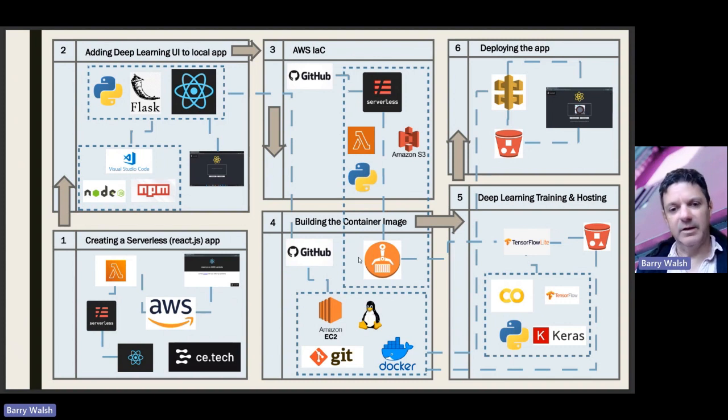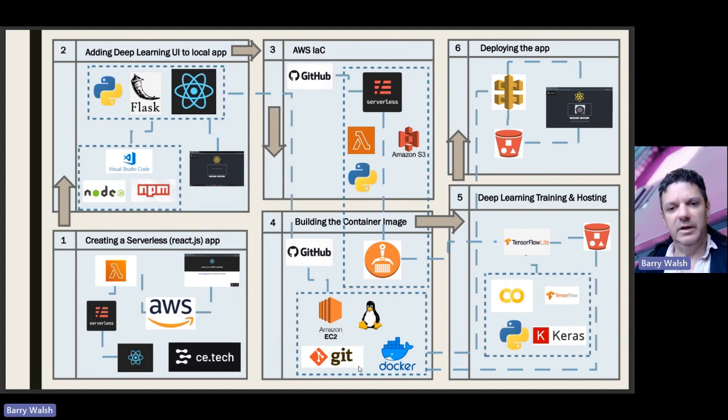There's a lot of interfacing between the two stages. So in this stage, we're going to start off by pulling our code base from GitHub into our EC2 instance, which we're using Linux for, if you recall. We're going to build a Docker image and then push it to ECR.